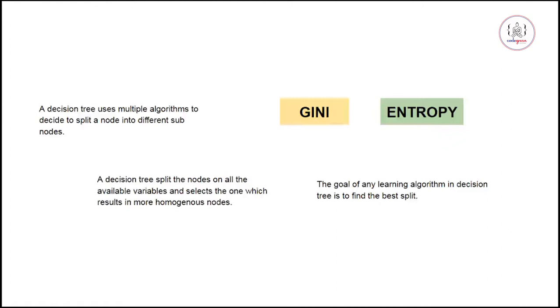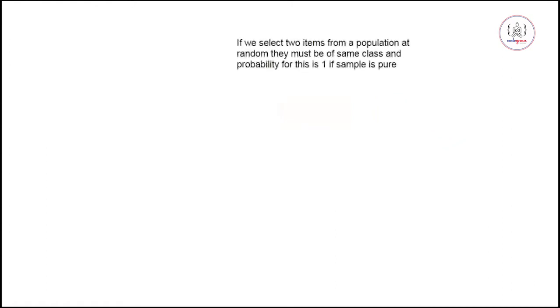First of all, let's see what Gini is. Gini says that if we select two items from a population at random, then they must be of the same class, and the probability of this is 1 if your sample is pure. What do we mean by this?